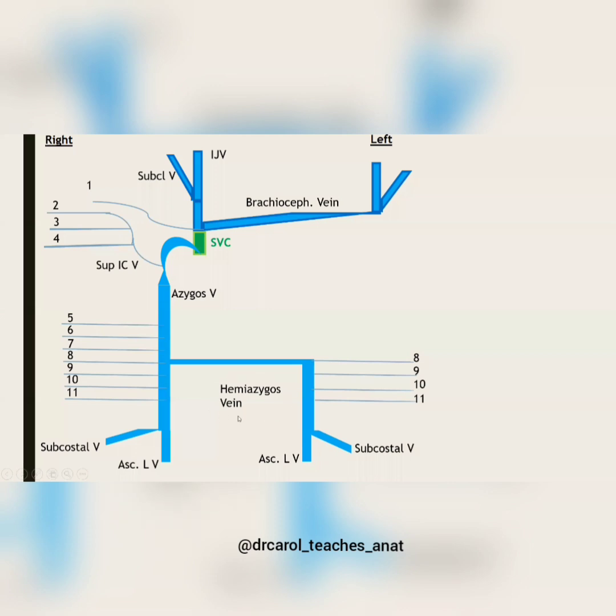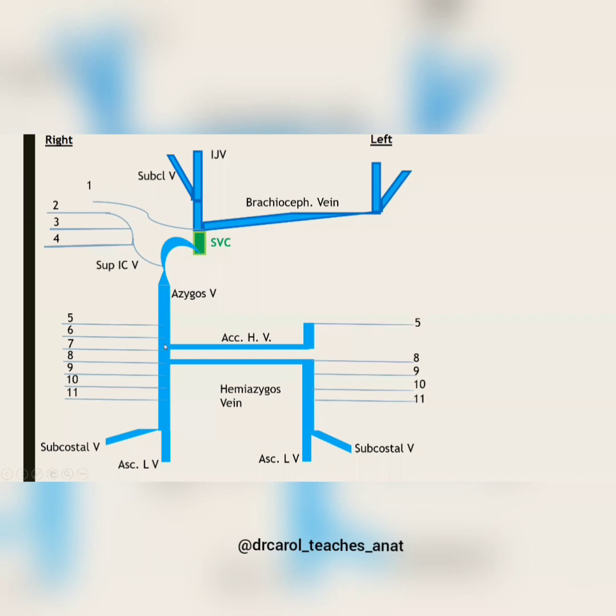What about the accessory hemiazygos vein? The posterior intercostal vein number 5. You have to remember the number 5 will continue as the accessory hemiazygos vein. So the 5th posterior intercostal vein on the left side continues as the accessory hemiazygos vein, which will cross the midline at the level of T7 and enter into the azygos vein.